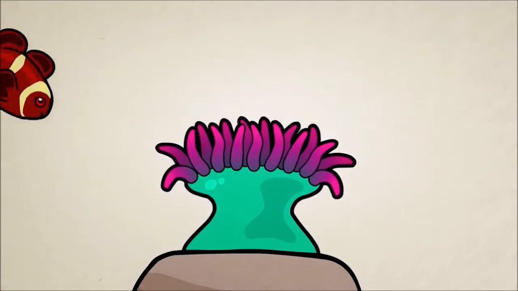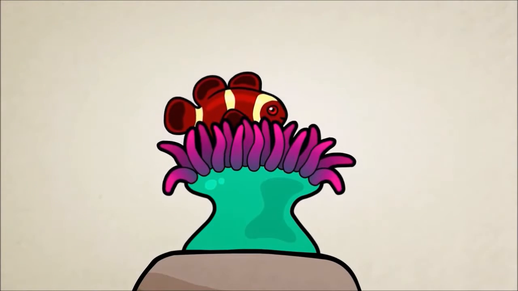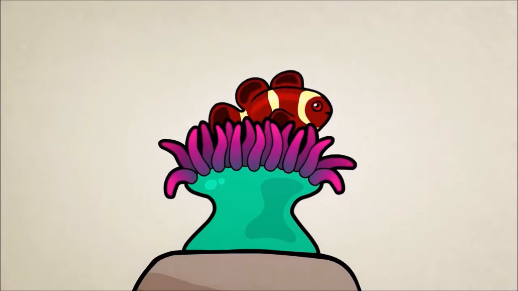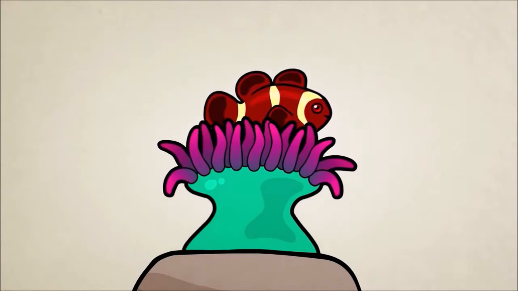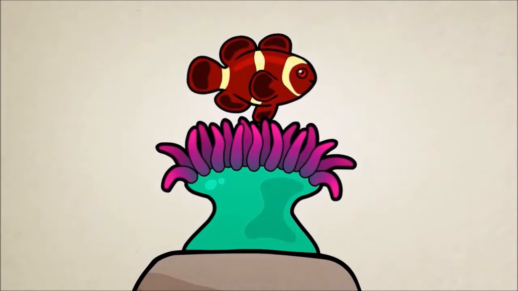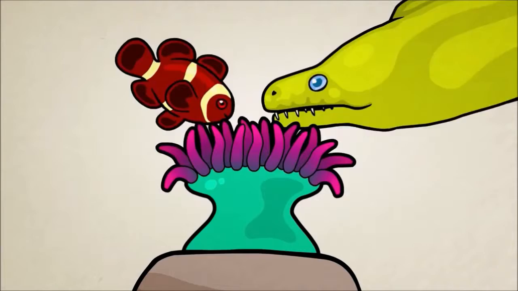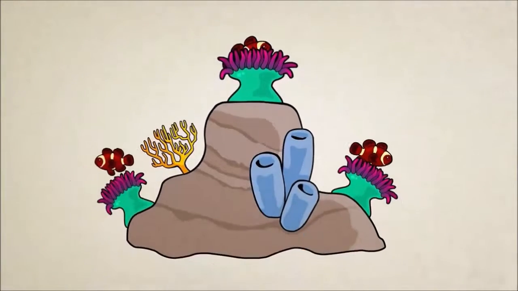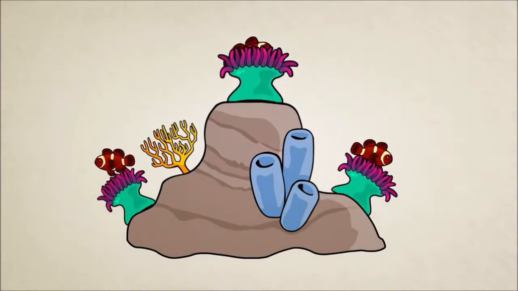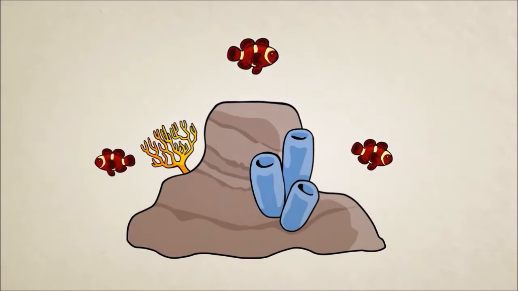Sometime in the past, clownfish evolved an immunity to these stings, which helped them survive and reproduce. Some clownfish even went on to develop a dependency on anemones, using them as a safe place to hide from other deadly predators. If you remove anemones from a region of the sea, in many cases, the local clownfish will perish.